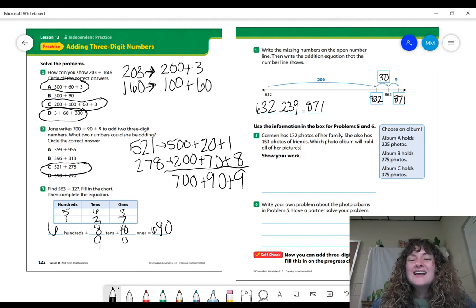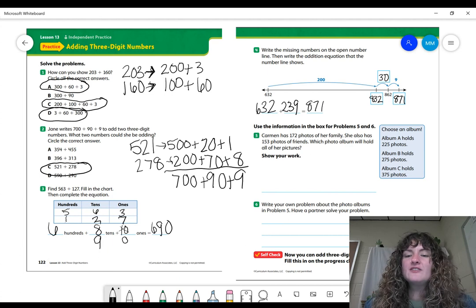All right. Now it says use the information in the box for problems 5 and 6. Carmen has 172 photos of her family. I'm going to read that again, and then we're going to save this part for the end, okay?